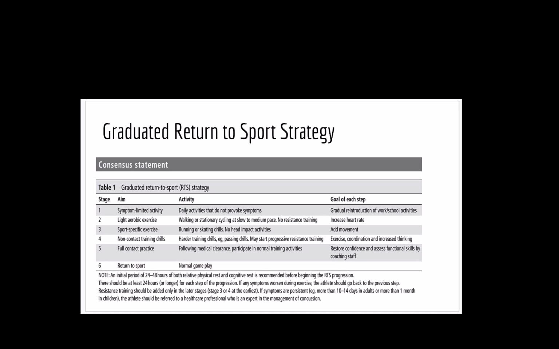and so on and so forth. Okay, stage 4 is really where we'd strongly recommend starting some resistance training. There's some that say you can start that in 3, so we'll give a little bit. Somewhere between 3 and 4, you can start resistance training. If you want to be conservative, I would pick 4. And then stage 5 is full contact practice.